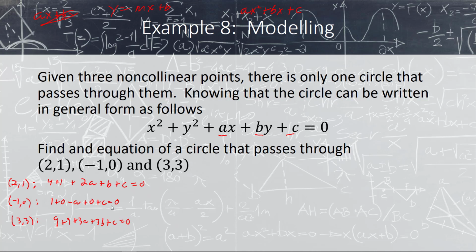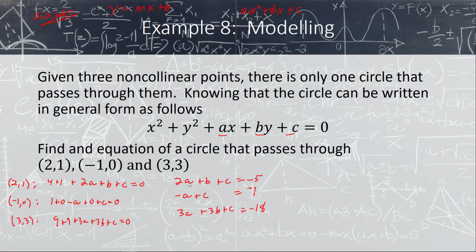Okay, we can manipulate these equations a little bit, and we will have that 2a plus b plus c is equal to -5. Over here we will have -a plus c is equal to -1. And over here we will have that 3a plus 3b plus c is equal to -18. And these are the 3 equations that we want to solve.